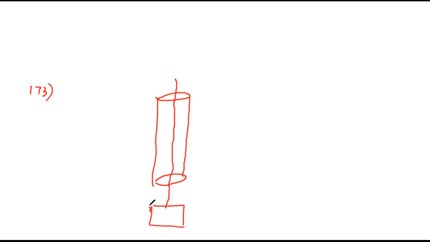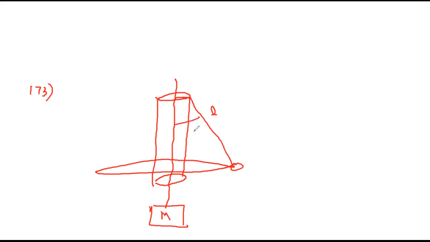This is a block of mass m. A large mass M and a small mass m are hanging at the two ends of a string that passes through a smooth tube as shown in the figure. Small m moves in a circular path making length L inclined at angle theta.